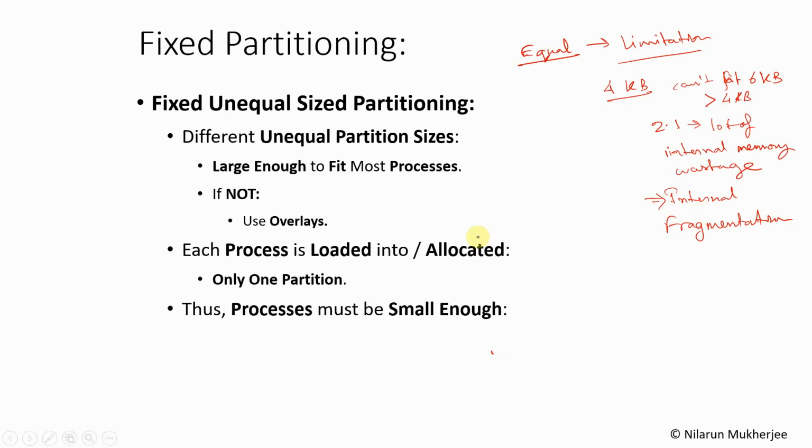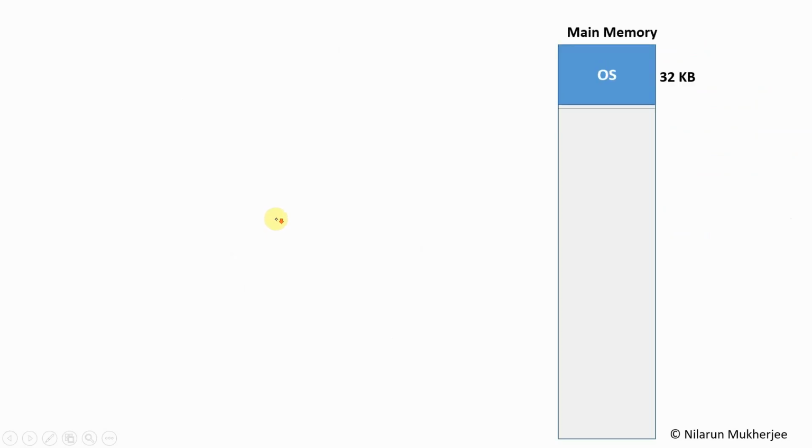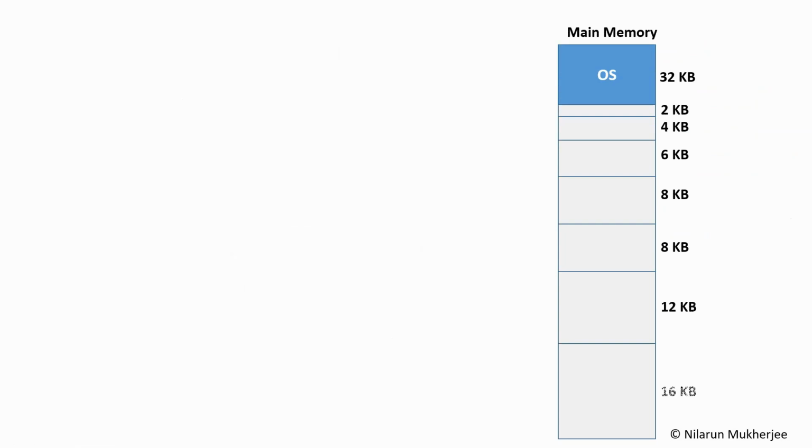So to fight that, they came up with a variation which is more flexible. Instead of a single partition size, they allow different partition sizes: 2 kb, 4 kb, 6 kb, 8 kb, and 8 kb, and 12 kb, and 16 kb. As you can see, there are more partitions of 8 kb and fewer partitions of other sizes.